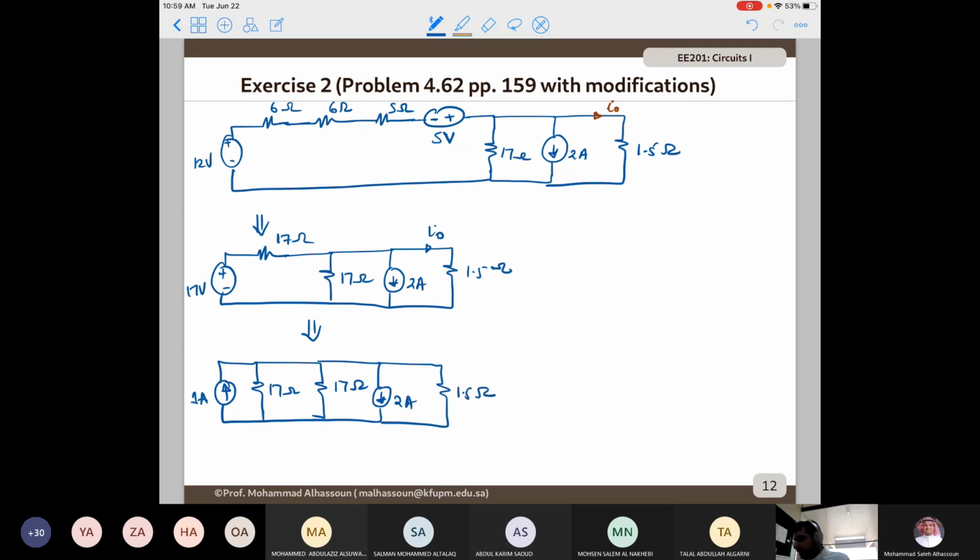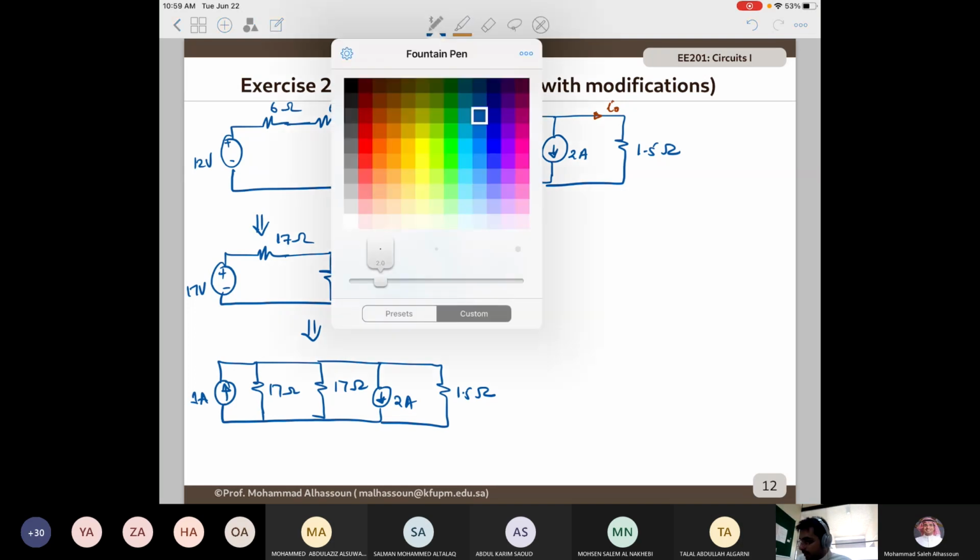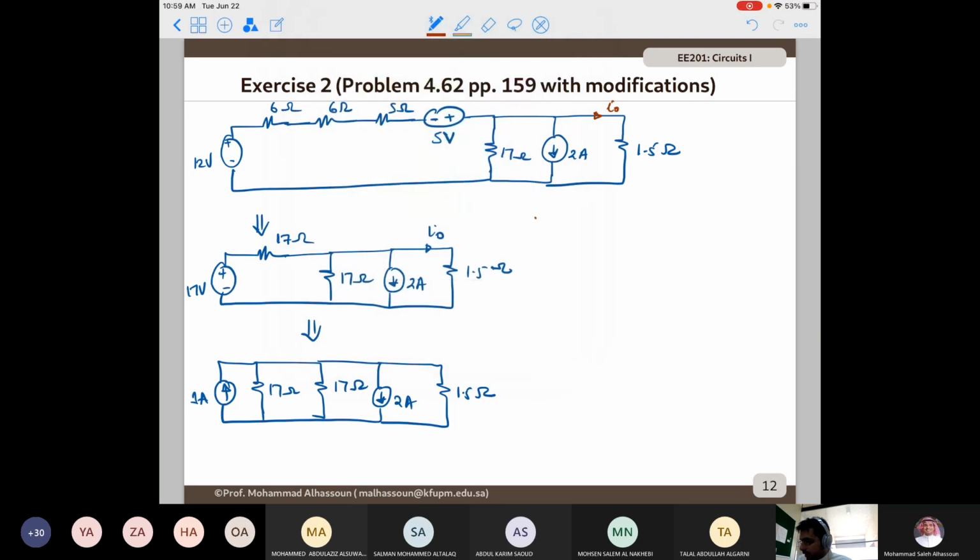So now it can be easily solved by noticing the following. You have 17 ohm in parallel with 17. So this is going to give you 8.5 ohm. So 2 resistors in parallel.